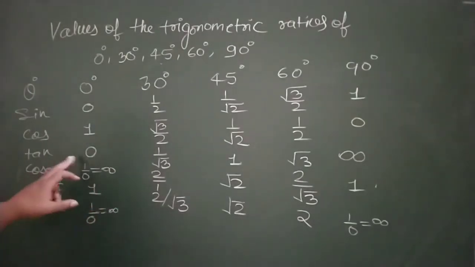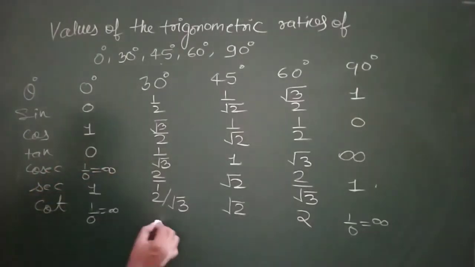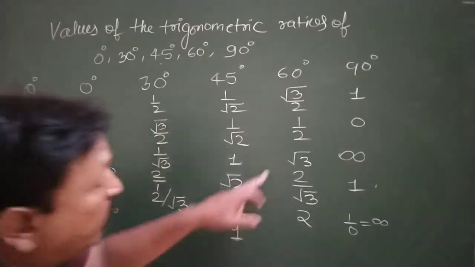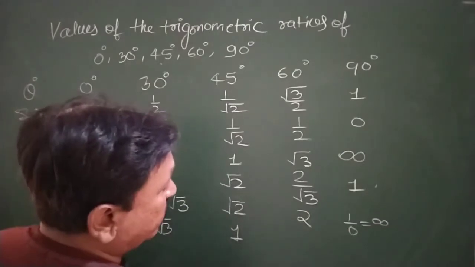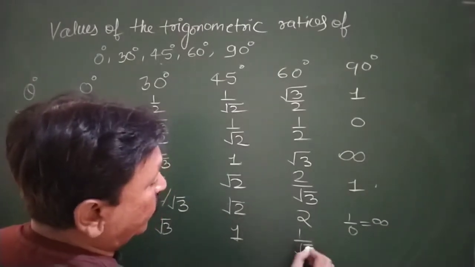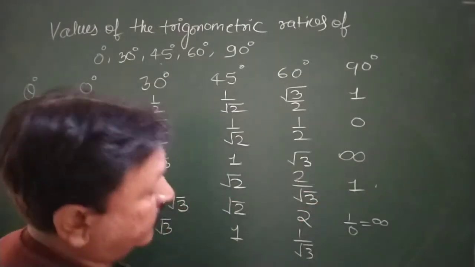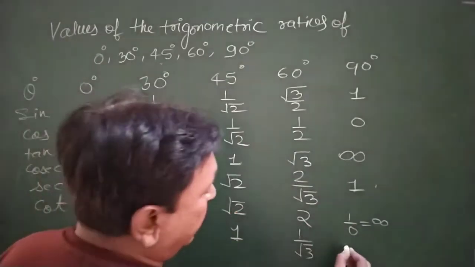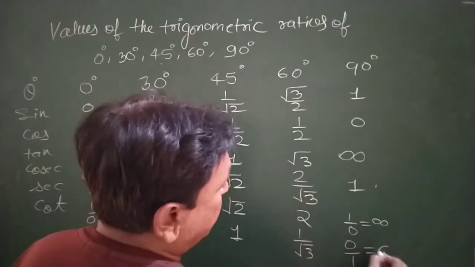And 1 upon root 3, it will be root 3. 1 reciprocal is 1, root 3 reciprocal is 1 upon root 3. Undefined means 1 upon 0, so its reciprocal will be 0 upon 1, means 0.